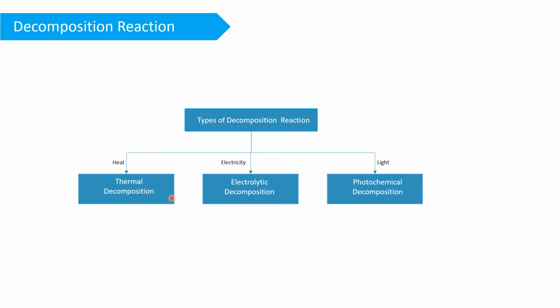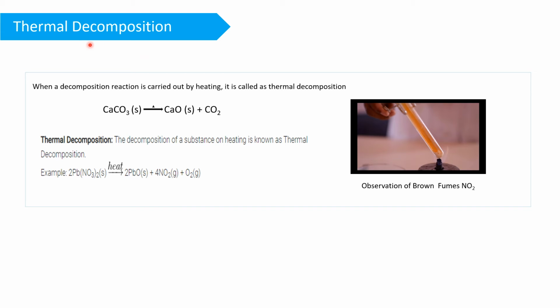First type, thermal decomposition. The word thermal itself indicates heat, right? So if the decomposition reaction is carried out by heating, it is called thermal decomposition. The first example is calcium carbonate.